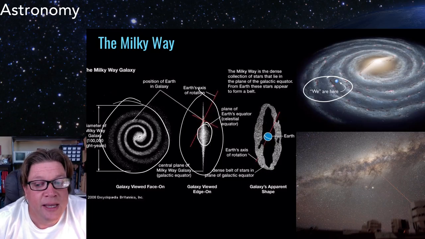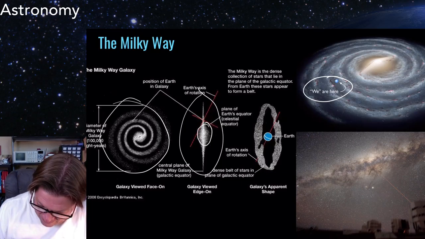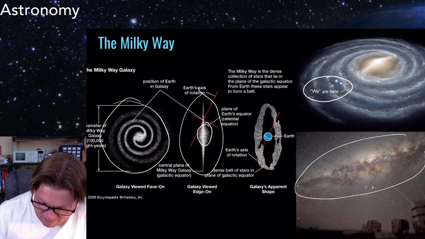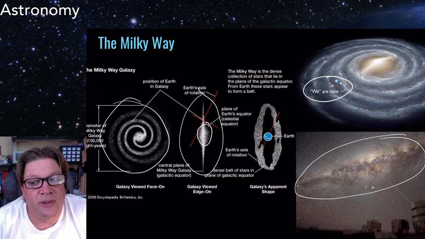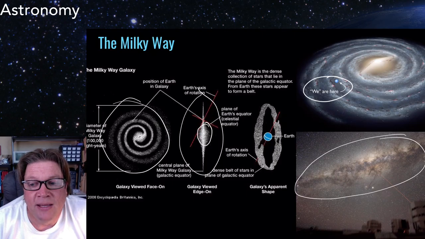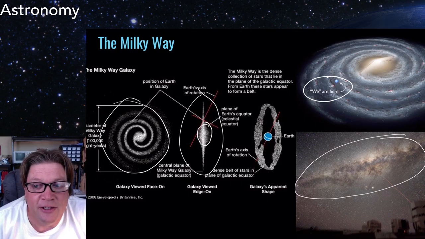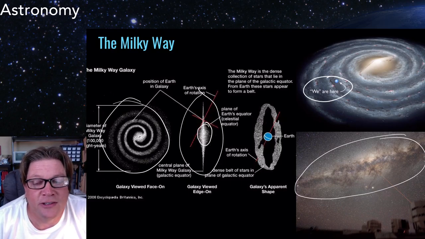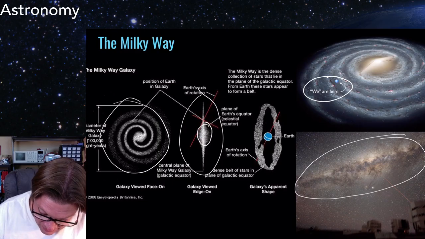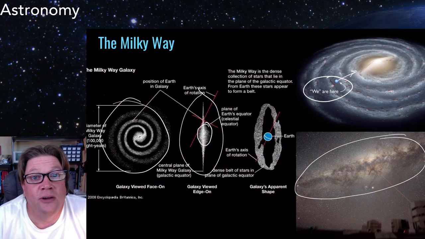You look up and you'll be aware of this band that looks like a cloud stretching all the way across the sky. But it's not an earthly cloud. It is the galactic cloud. It's the edge-on view of the galaxy that we're embedded in, because we're sitting here on Earth and we're looking in this particular direction along the disk.